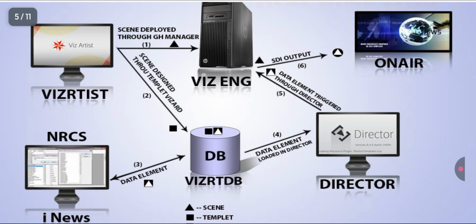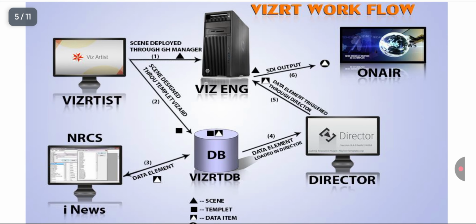It's a very interesting Vizrt workflow, and this is how things work in this workflow. The Vizrt or Viz Artist, number one, is that the scene is deployed through GH Manager. If you see a triangle, that is a scene here.